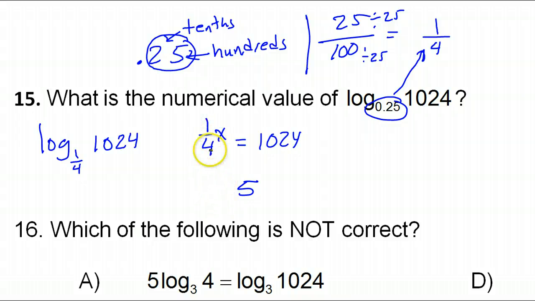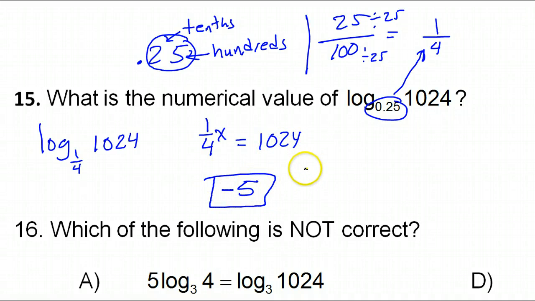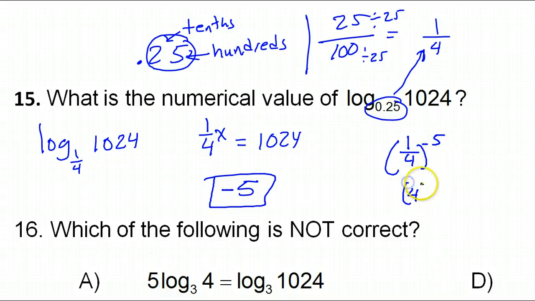Alright, so because it's a fraction, it will take a negative 5 power to make this into 1024. Okay, so the answer is -5. And remember, the reason for that is because it's 1/4, if you have a negative power, that makes it the reciprocal. So it turns it back into a 4 to the 5th power, which will give you 1024. So that's just checking your answer.